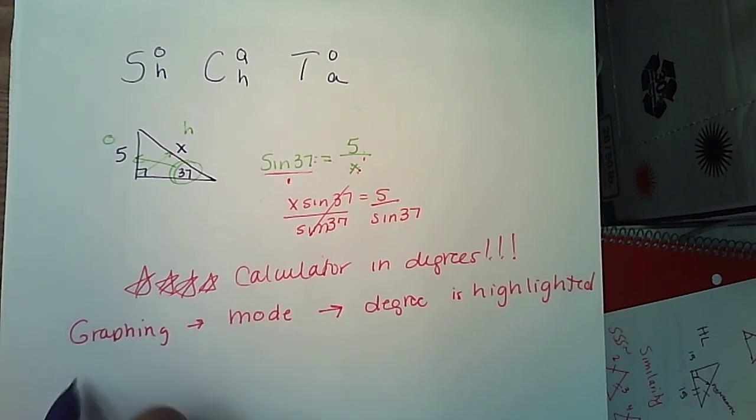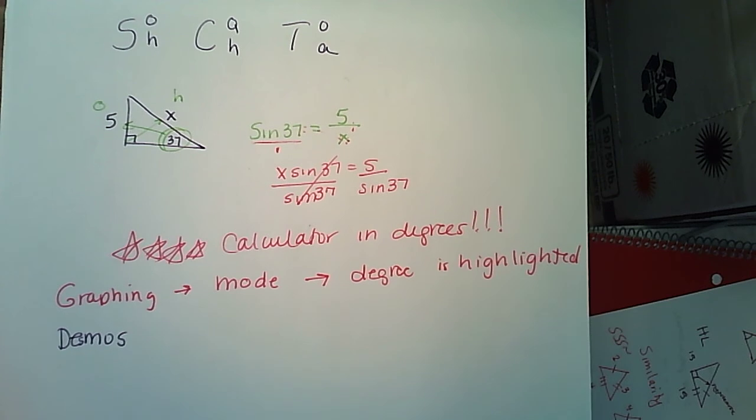If you're using Desmos, and this is the difference in the two Desmos. If you're using just the regular Desmos green app for graphing calculator, you have to change it. So that means if I go into Desmos, let me get in my little calculator here so you can see it.